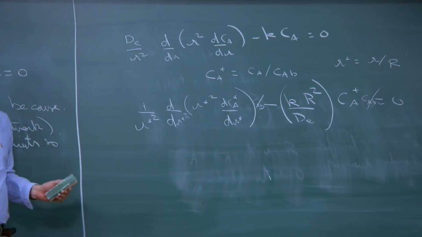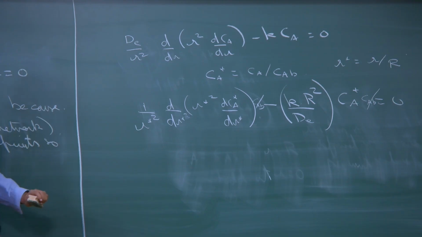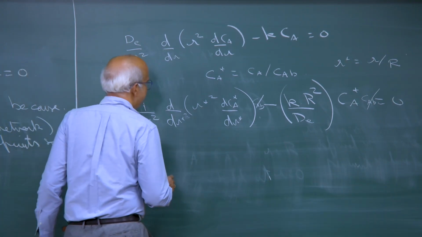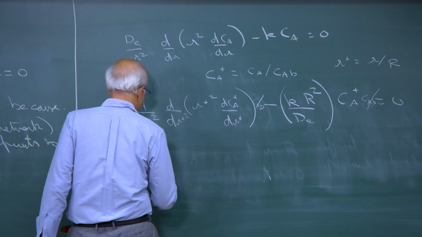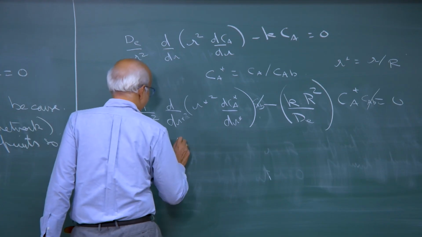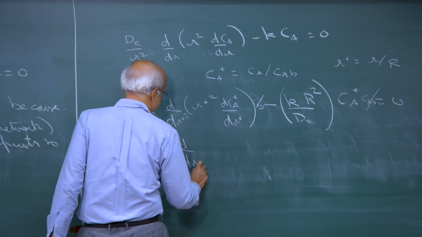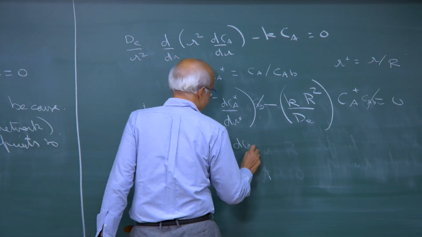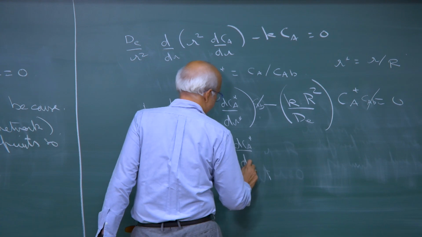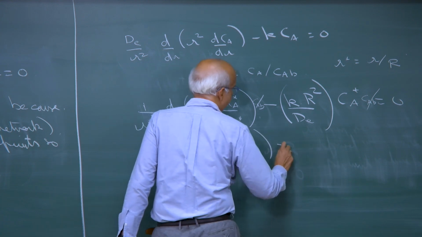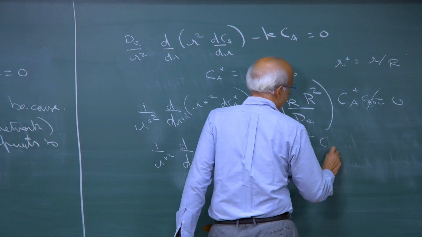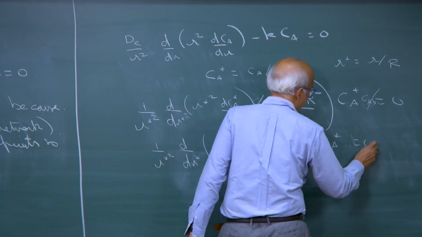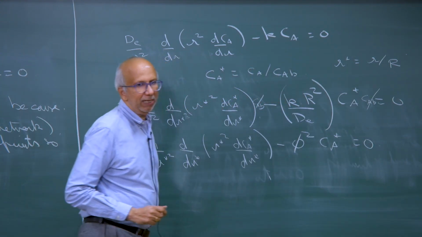So, all I have done is made it dimensionless, and I am going to call this 1 by r star squared d by dr star of r star squared dCA star by dr star minus phi squared Ca star equal to 0, okay. Same thing like I did earlier.